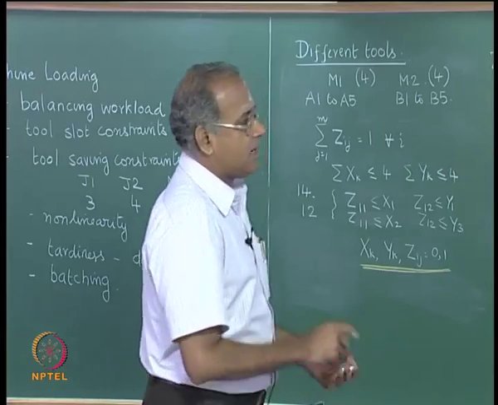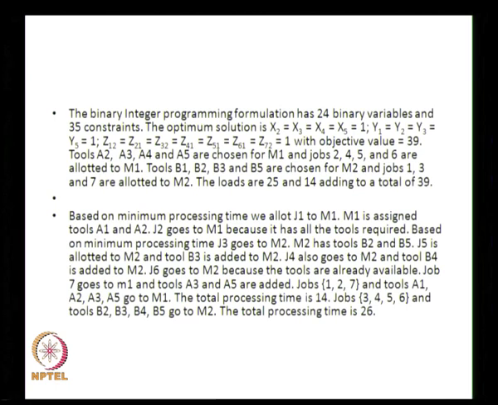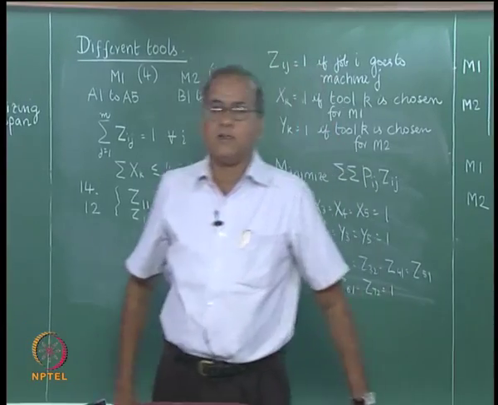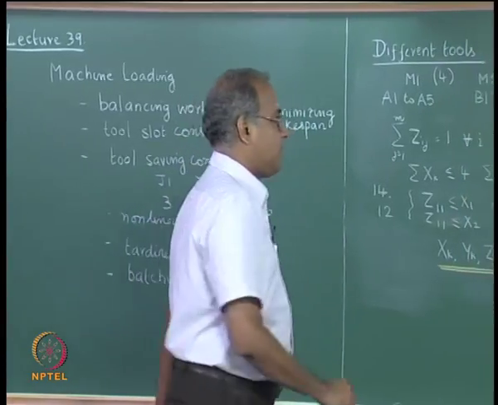So, we are not able to allocate J7. So, let us see what happens here. So, we change this. Now, in this way we are unable to allocate. So, let us follow or slightly modify this heuristic to see what we do.